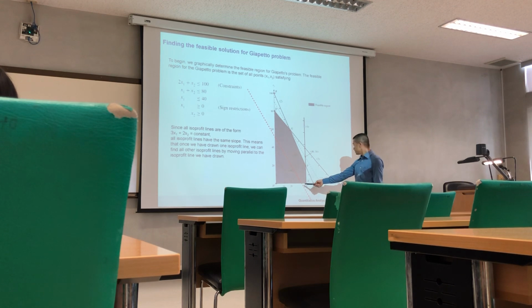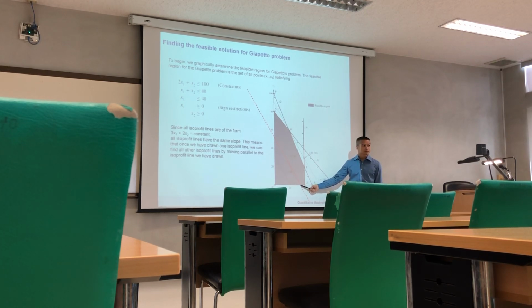And this point here, x2 is 0, x1 must be what? What is the value of this x1? 100 over 3, right? This one is 100 over 3.